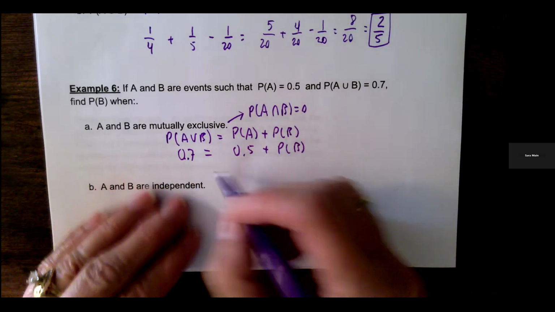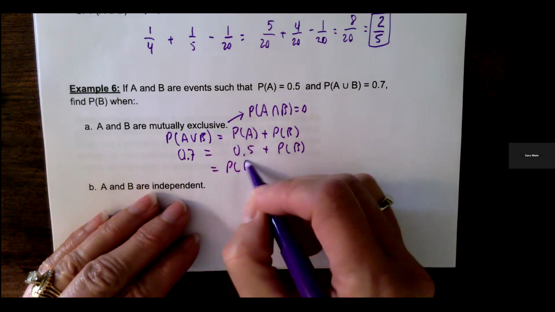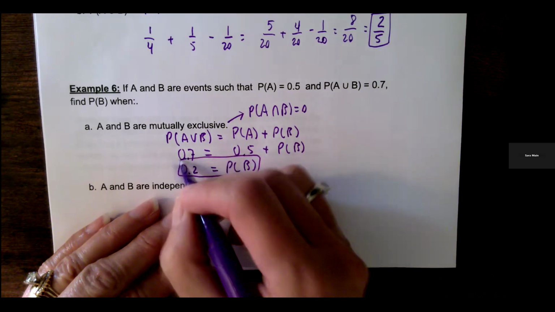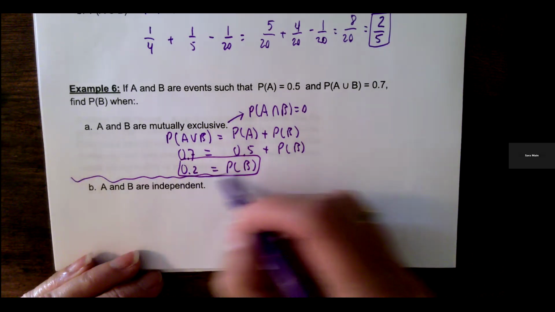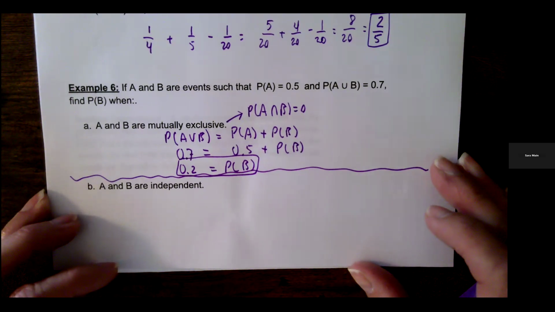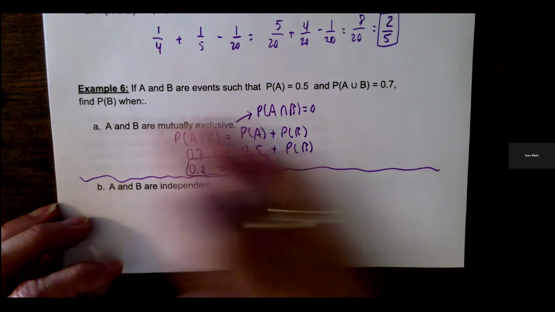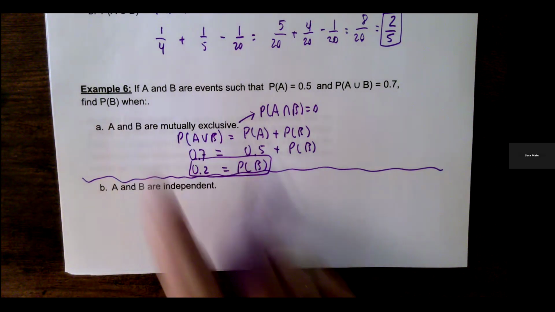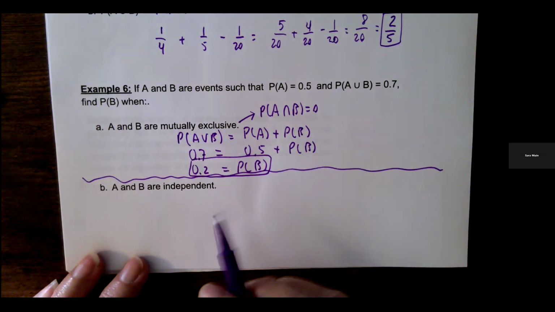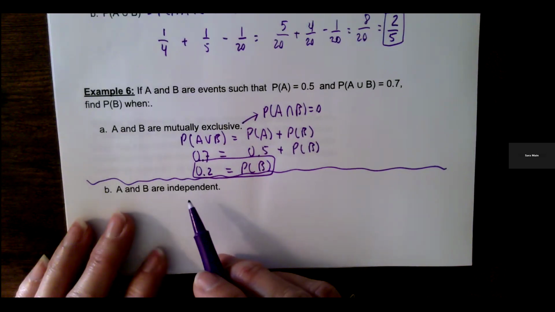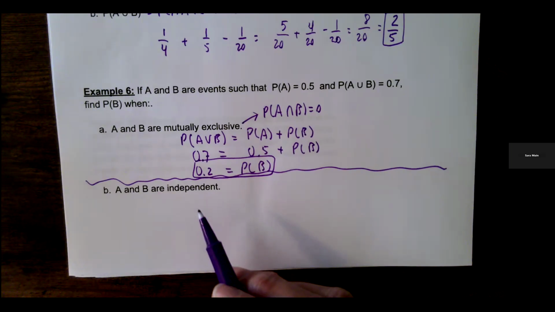So subtracting 0.5 from both sides, we can find out the probability of B is 0.2. For that scenario. Okay, so for getting the mutually exclusive, we're just going to say now find the probability of B when A and B are independent. Okay, so if they're independent, we know a few things.